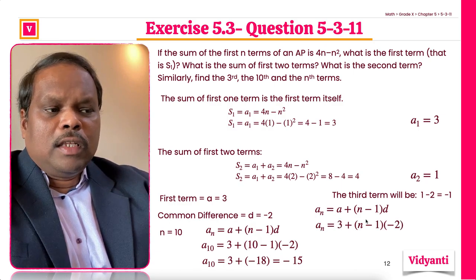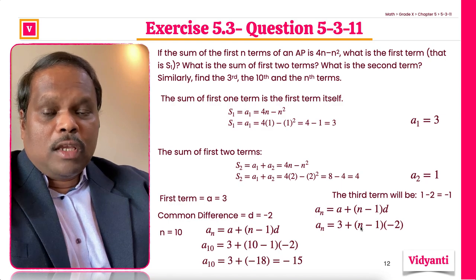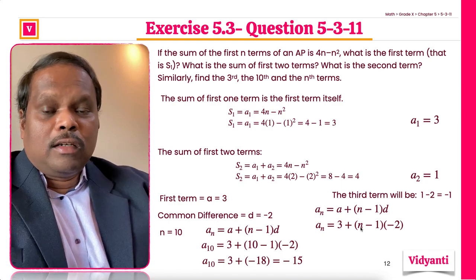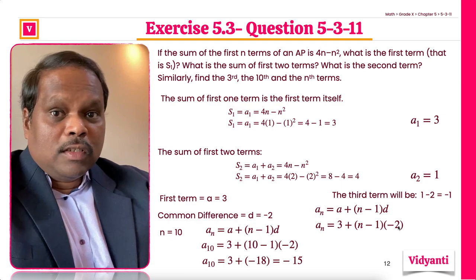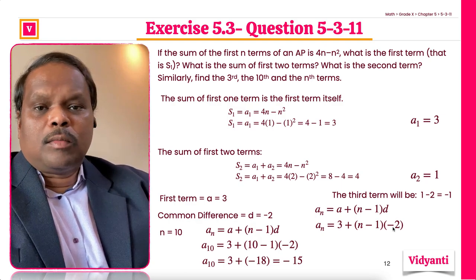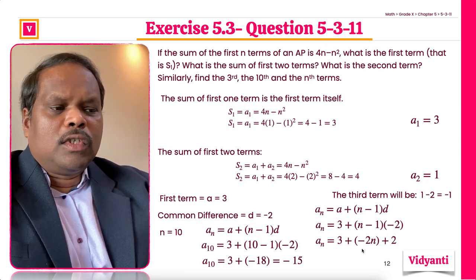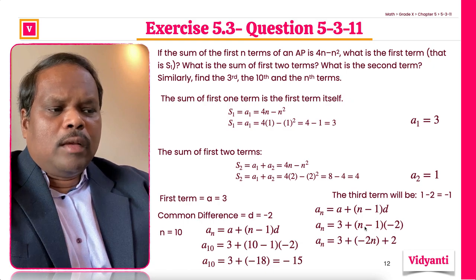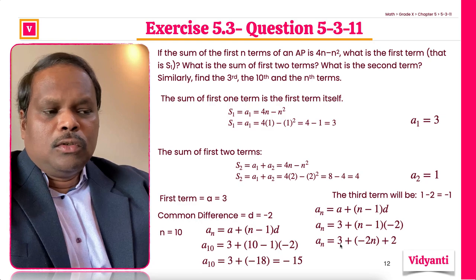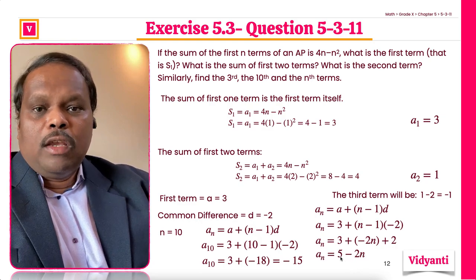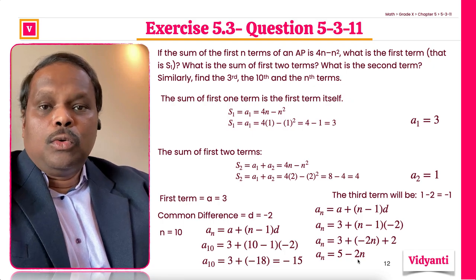A is actually 3, n we don't know, and d is negative 2. If you simplify that, negative 2 times n is negative 2n, negative 2 times negative 1 is positive 2, and now 3 plus 2 can be combined. So the final answer will come out to be 5 minus 2n.